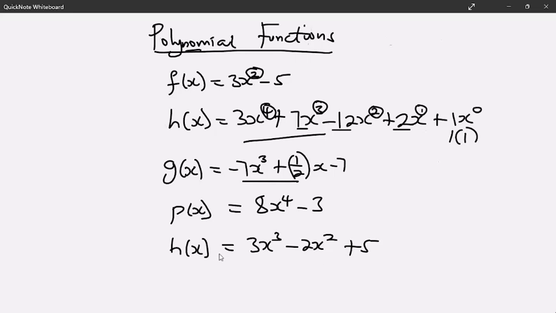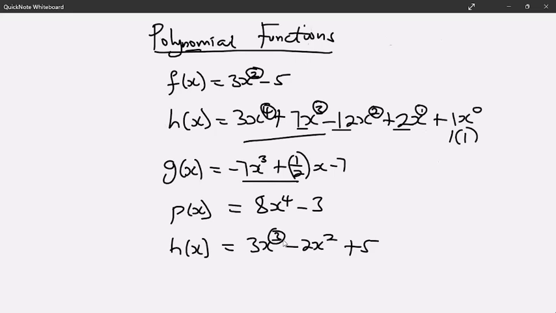Now, to find the degree, as I've already stated, the degree of a polynomial function is the highest power of the variable as it's raised to. So in this polynomial function, the highest power is 3. For that matter, the degree of this polynomial function is 3.